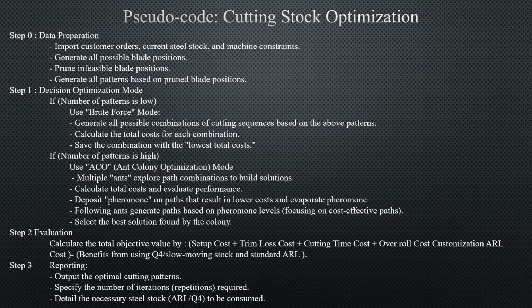If the number of patterns is high, you will use the ACO, or ant colony optimization mode. It starts with multiple ants exploring path combinations to build solutions, calculate total cost and evaluate performance, and then deposit pheromone on paths that result in a lower cost and evaporate pheromone.